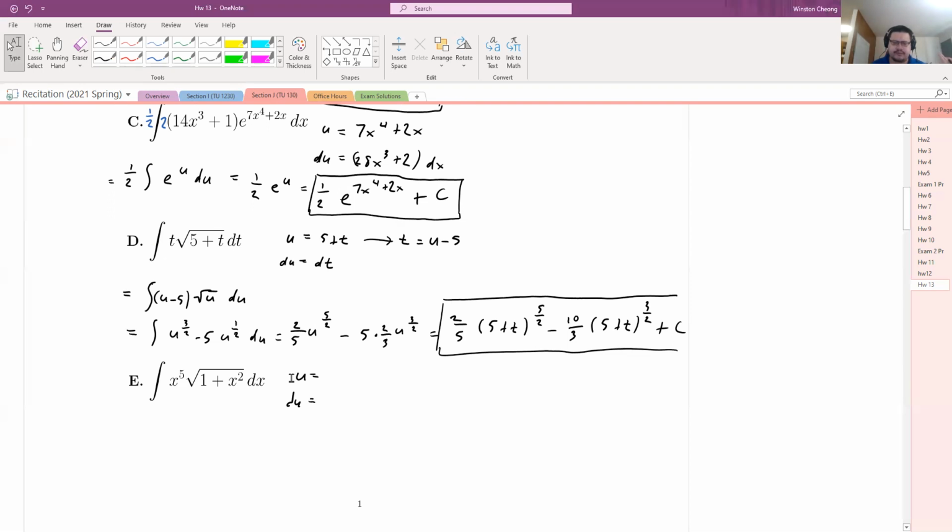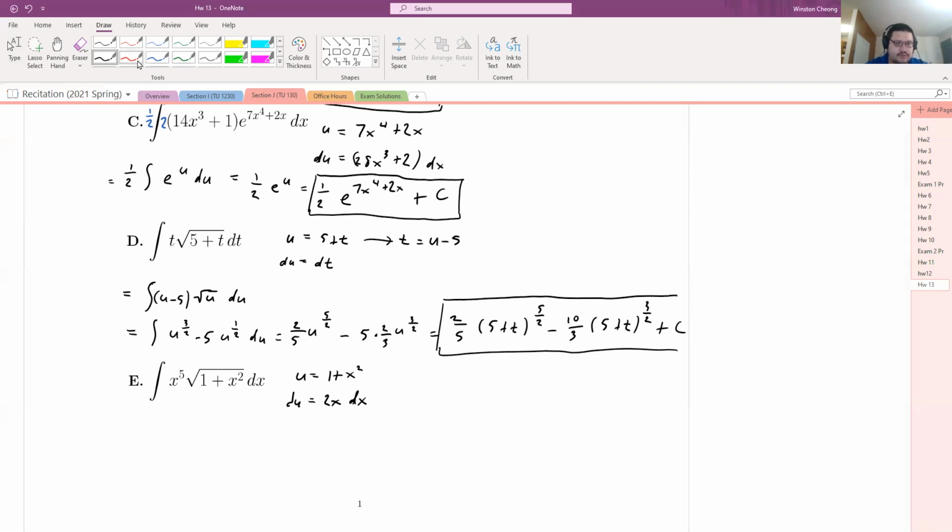The square root itself is going to be way too complicated, so you would use the stuff inside the square root. Then you would take the derivative, 2x dx. Well, that's going to capture some of this x to the 5th, but not all of it. And so that's where we have a bit more complexity here. So let's see what happens.